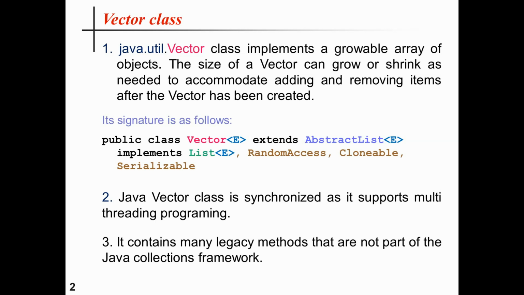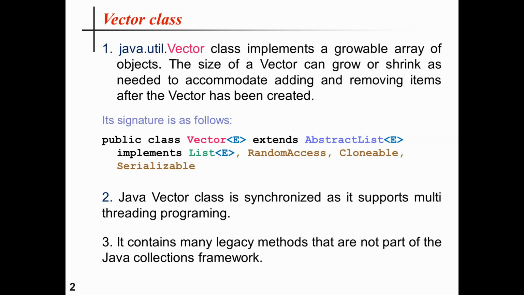So it is basically based on the concept of monitors or locks. So Java Vector class will ensure that the program is basically thread safe. I mean to say the shared object should be used by only one of the threads present in the multi-threaded programming model. So that is the idea being implemented in the Java Vector class.